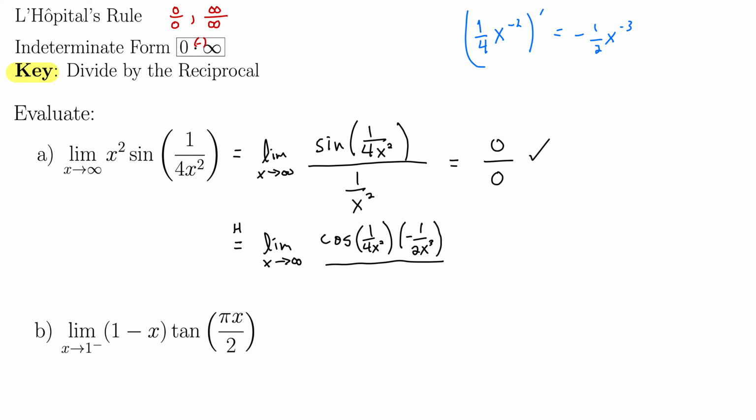Down below here, we have the derivative of 1 over x squared, which is similarly negative 2x to the negative 3, or negative 2 over x cubed. So I'll just rewrite that here for simplicity's sake. Negative 2 over x cubed. And then look what happens. We get some cancellation. These x cubes cancel.